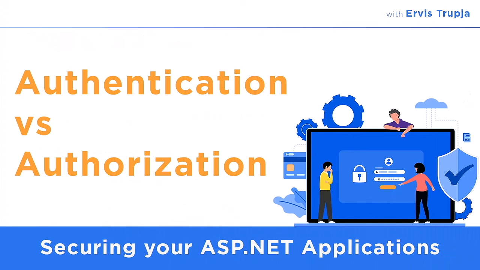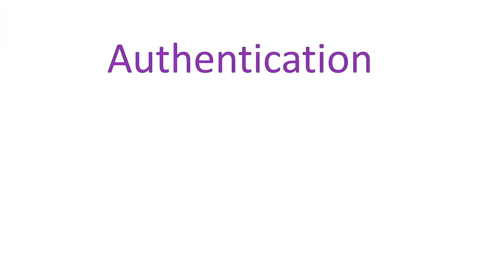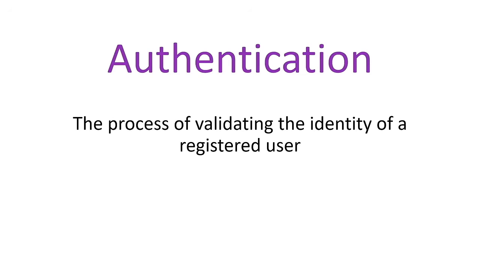Authentication and authorization are two really important concepts when it comes to securing your web API applications, but also your applications in general. Even though these two concepts sound similar to each other, they are different. Now, per definition, authentication is the process of validating the identity of a registered user who is accessing a service or an application.